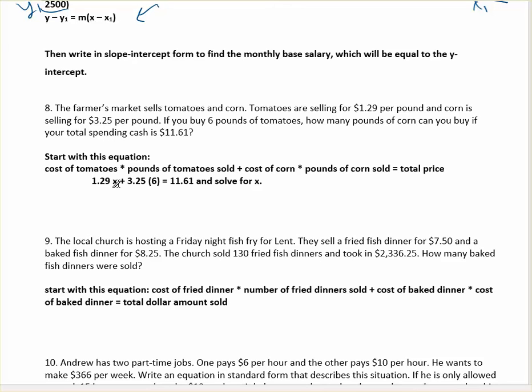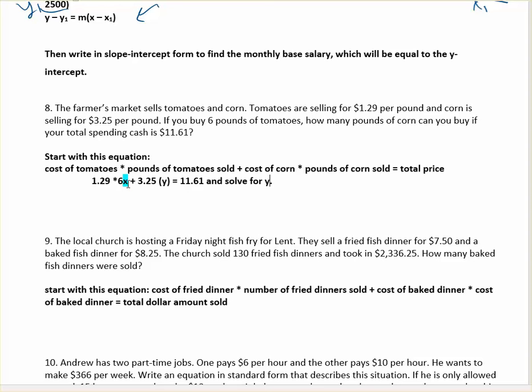I think I made a mistake on my notes for this one. This should be the 6 right here, because it's 6 pounds of tomatoes sold, and then this one, they don't tell us how much corn you sold. So this would be, we're searching for how much corn is sold.